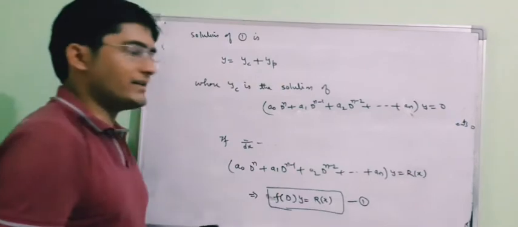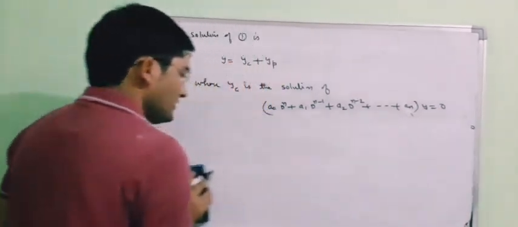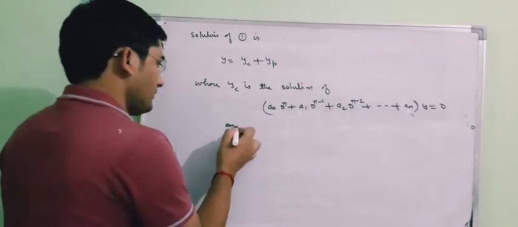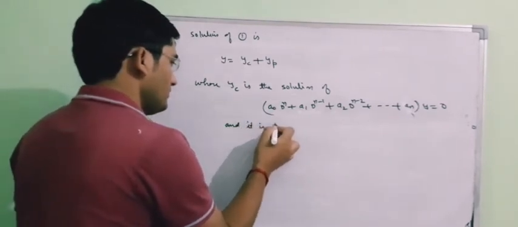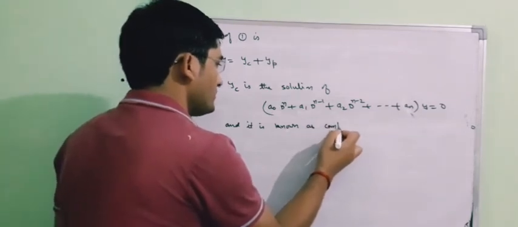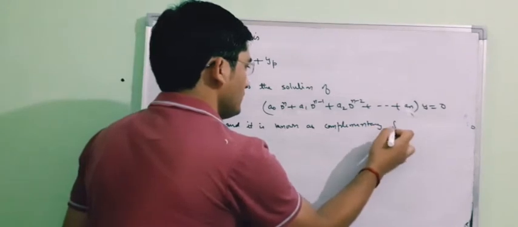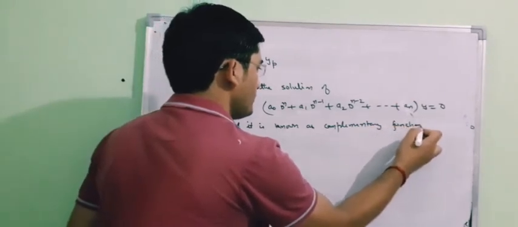That means when the right hand side is 0, the solution y is known as the complementary function.